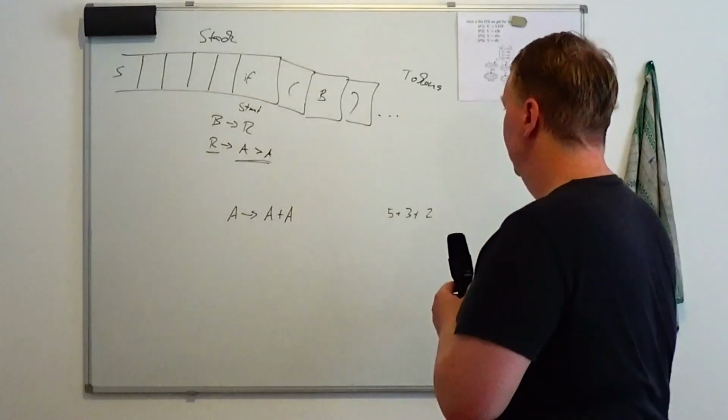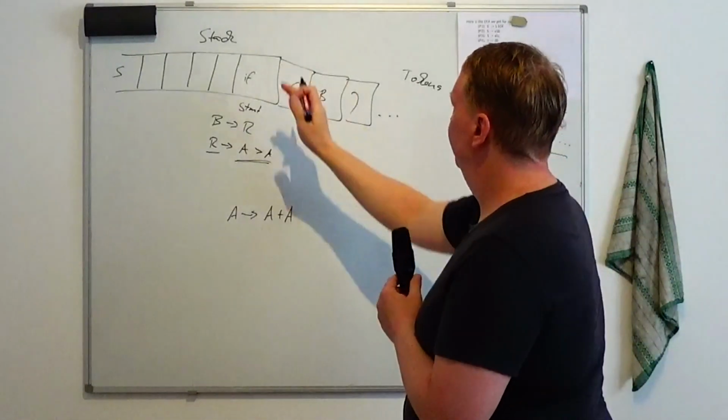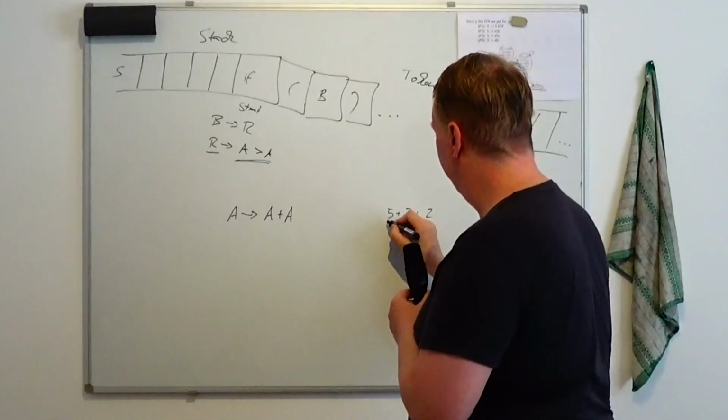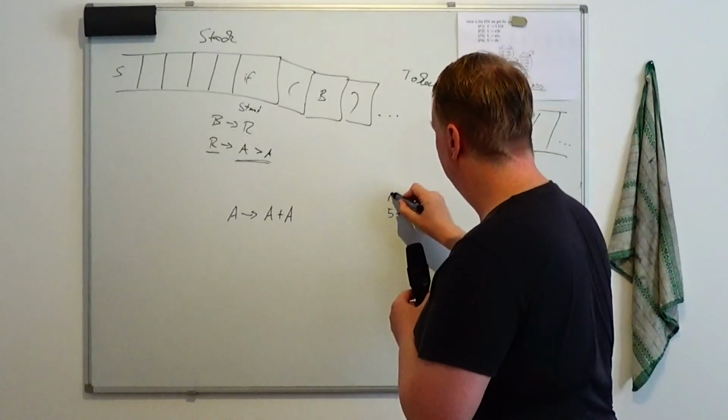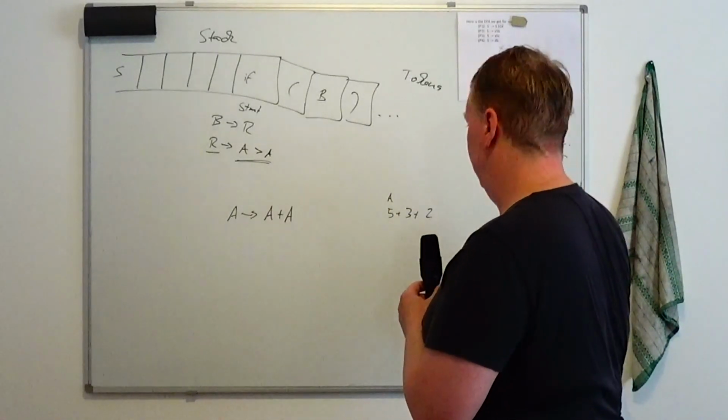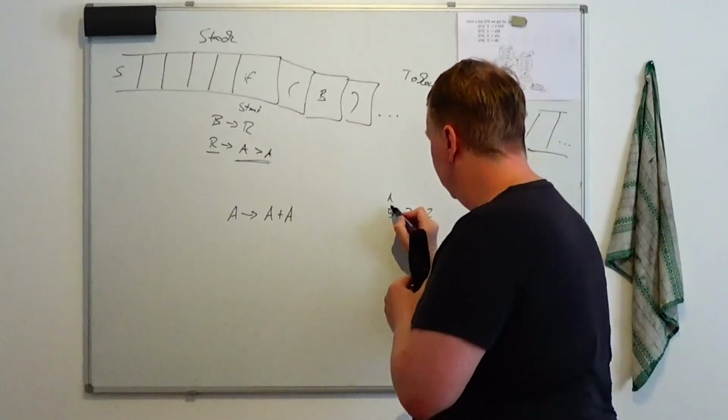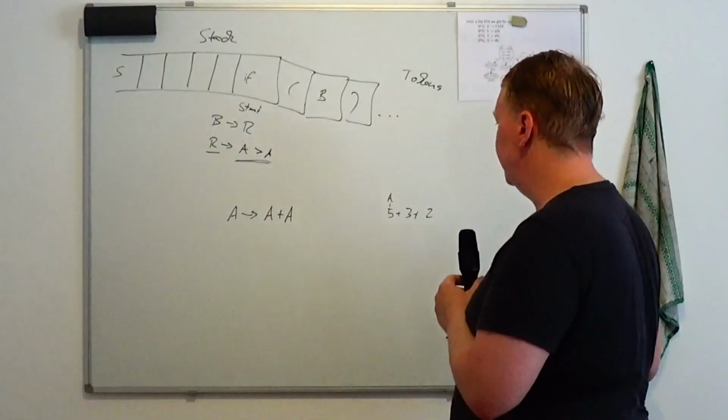Okay? So we might put the 5 on the stack and reduce that to an A, because it's a constant, and a constant is a valid arithmetic expression.